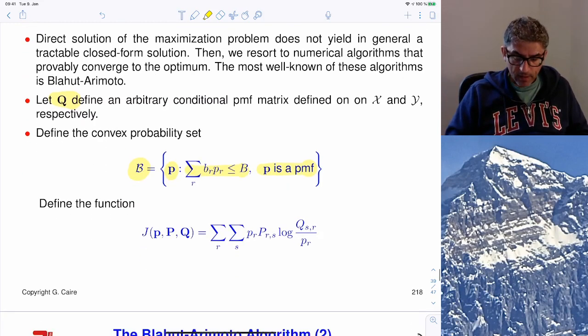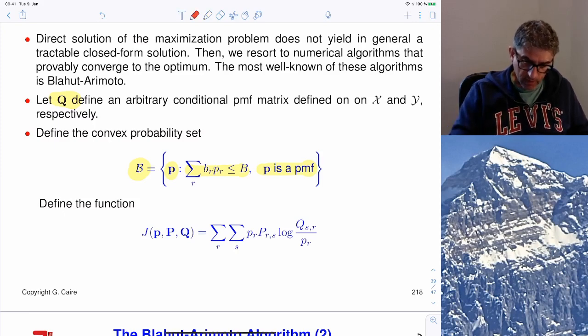Okay. Then we consider a different function that, instead of mutual information, I call J, a function of three objects.